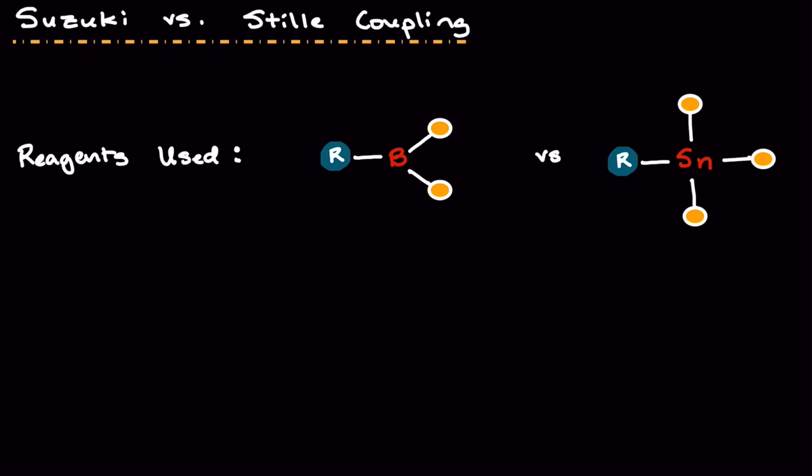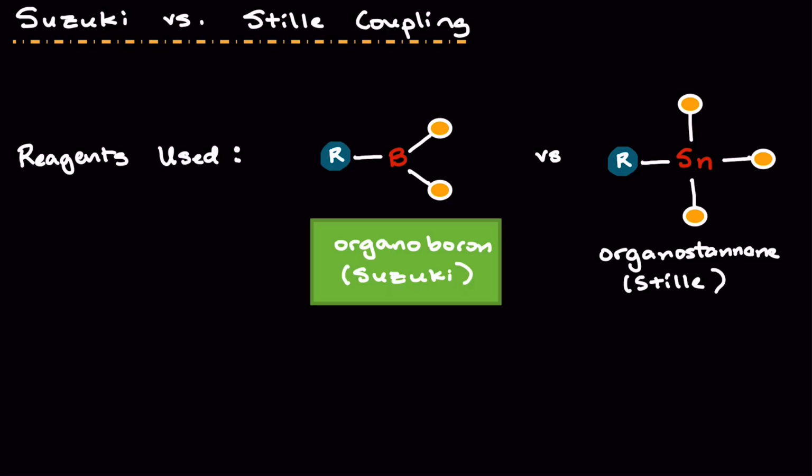So first of all, the main difference between these 2 coupling reactions is based on what's the nature of the coupling reagent. So for our Suzuki, our coupling reagent is an organoboron compound, while the Stille coupling uses an organostannane or an organotin species for the reaction.